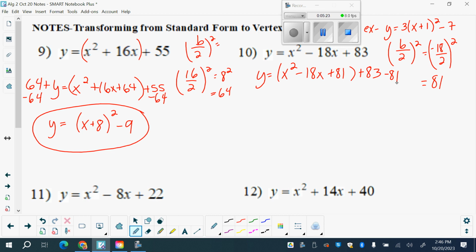Does that make sense, Nicole? What I did there to get the negative 81? Okay. So then this gives us y equals what squared? X minus 9, half of the 18, and then 83 minus 81 is 2. So there's your vertex form.